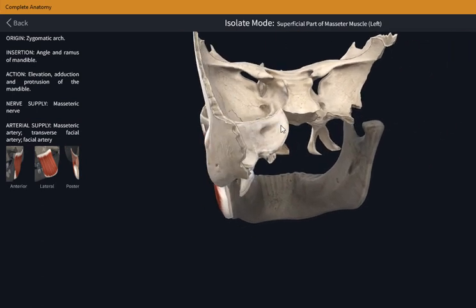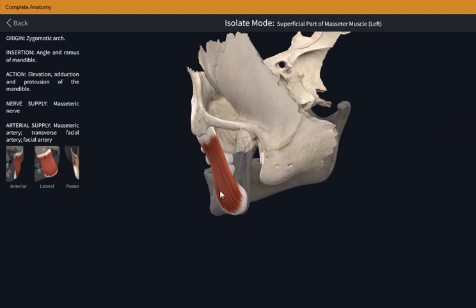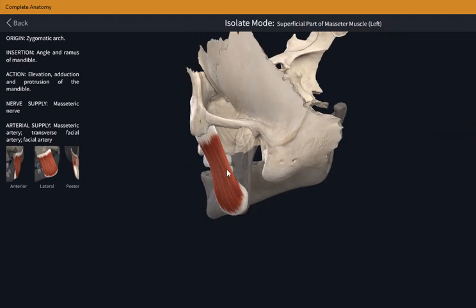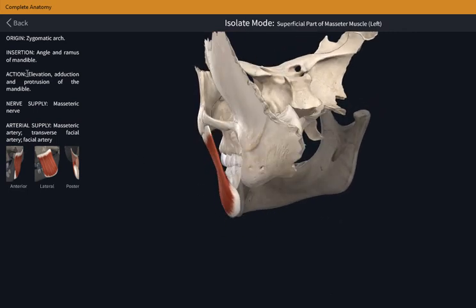Look very well. Looking at the posterior side, we see that the zygomatic arch is more lateral compared to the mandible. So when the muscle acts, it causes an elevation and also a slight lateral movement, and this is why you can see it most of the time in herbivores. This lateral movement is going to be the adduction.